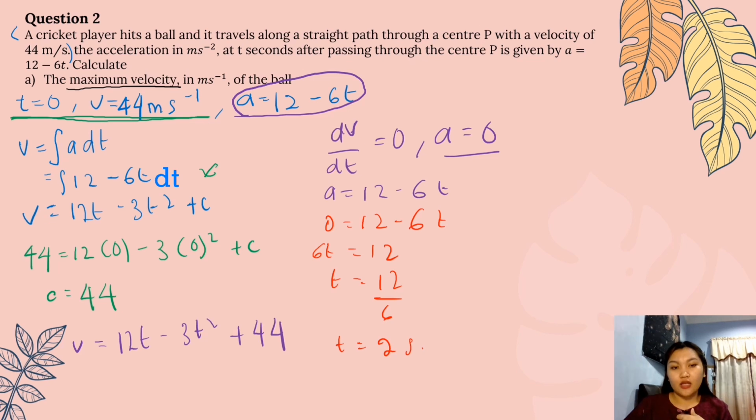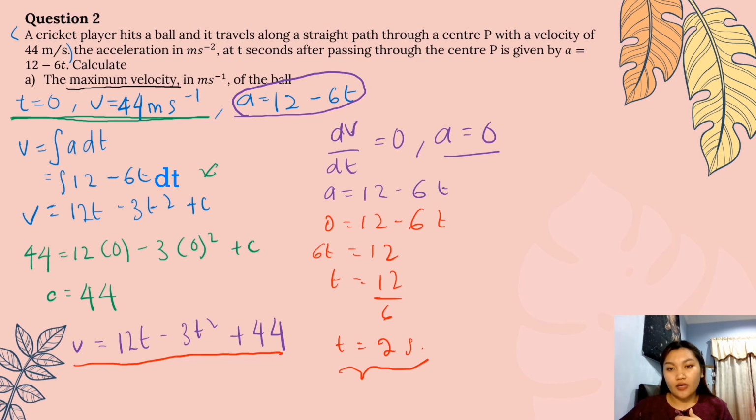Now that you have the value of t, you can find the maximum velocity by substituting the value of t. Just as simple as that.